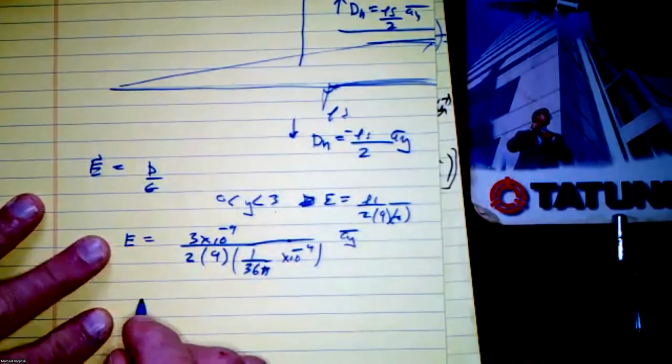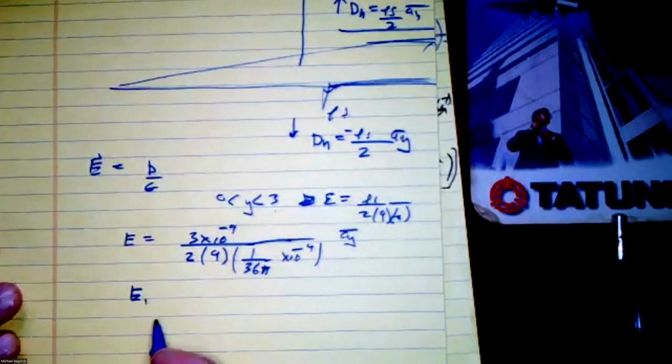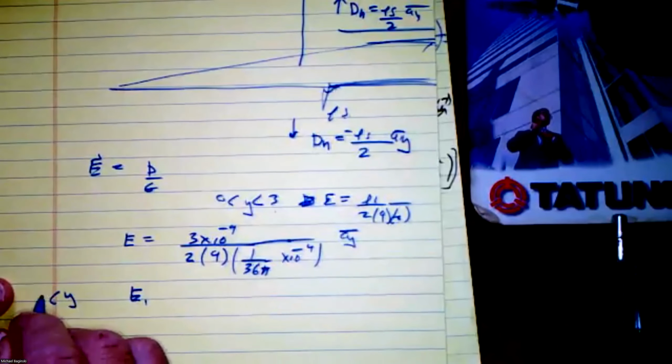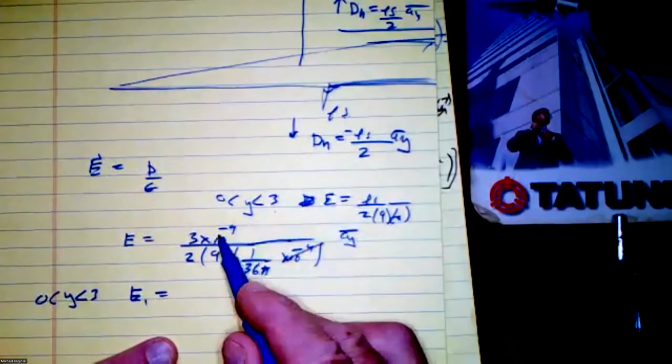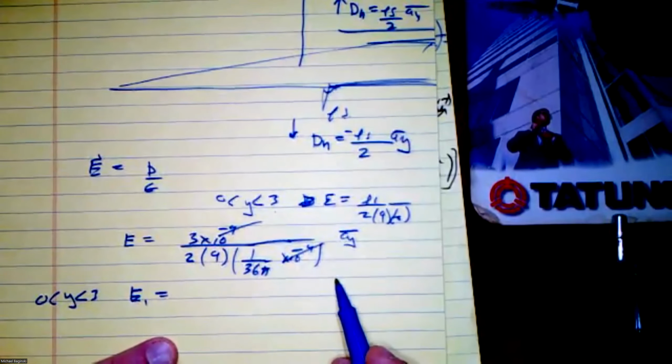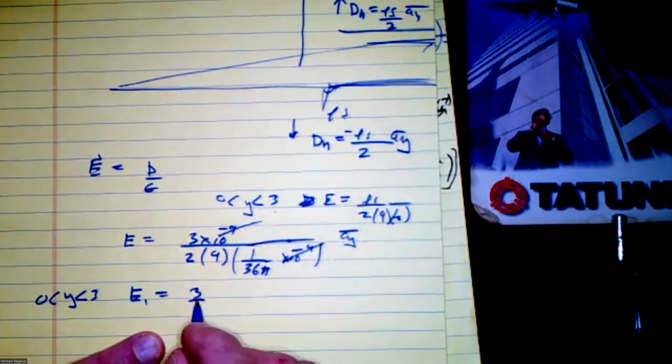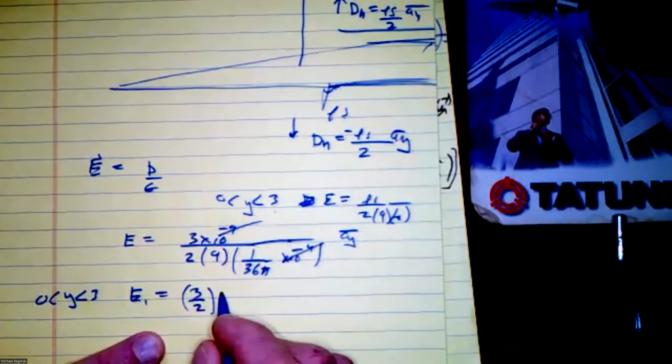So E in this region between y greater than 0, less than 3 is going to be equal to, the 10 to the minus 9s cancel, and what do we get? You got 3 halves, and then you got 36 pi over 9.